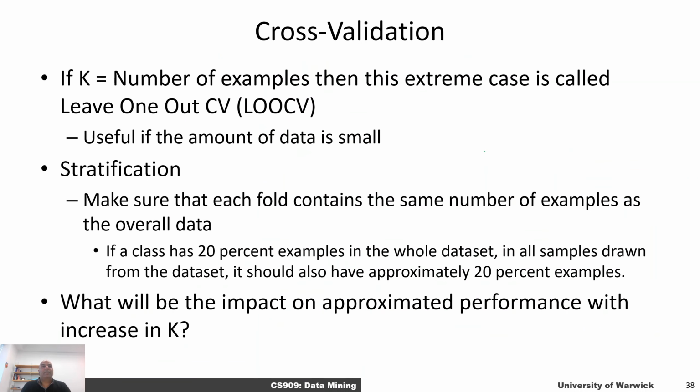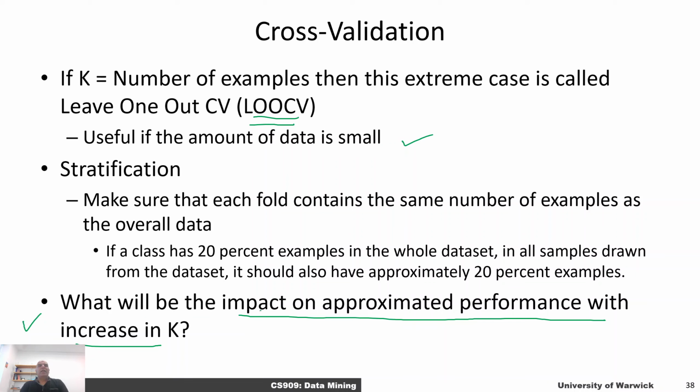Typically, we use a larger value of K when the amount of data that we have for training is small, and we use a smaller value of K when the amount of data that we have for training and validation is large. The extreme example is that if the amount of data is very small, you can use leave one out cross validation. And the question that I've asked you is, what will be the impact on approximated performance with increase in K for a given problem? So think of that, and we can have a discussion going on the module page for that.